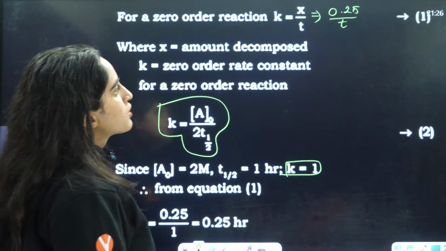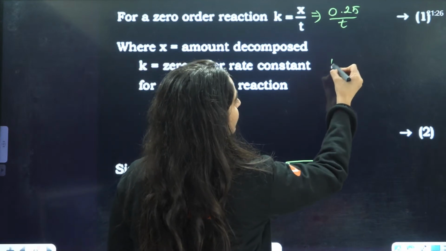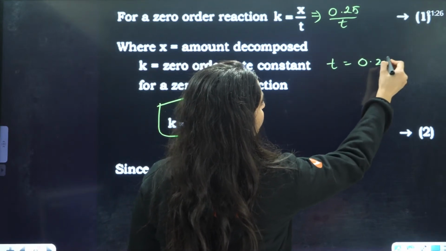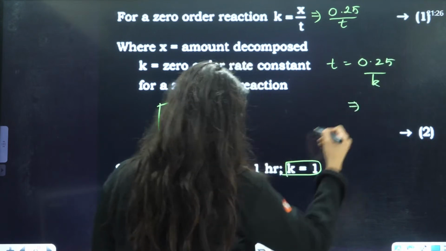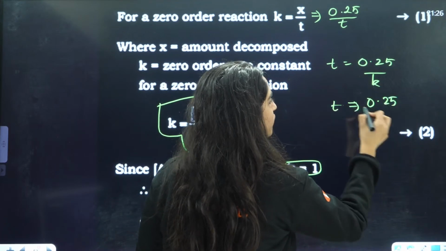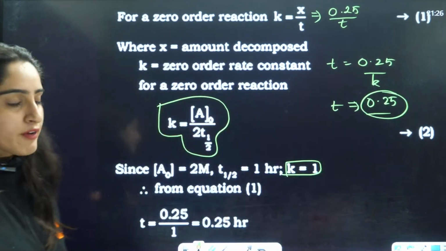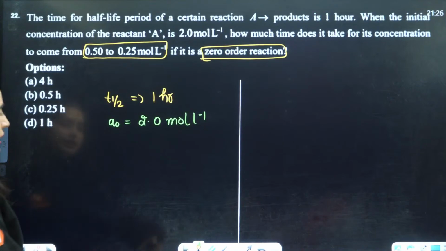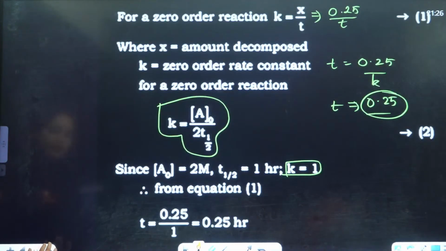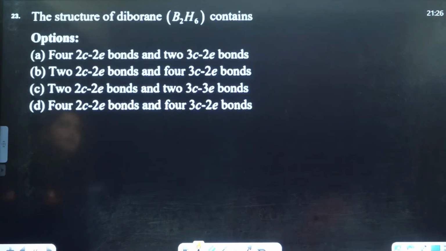Time they are asking you, so t will be equal to 0.25 divided by k. K we found to be 1, so time will be equal to 0.25. So C is the correct answer.